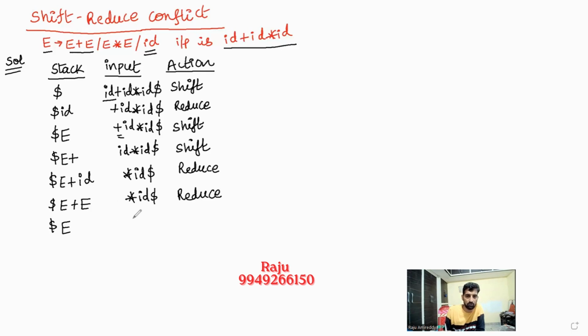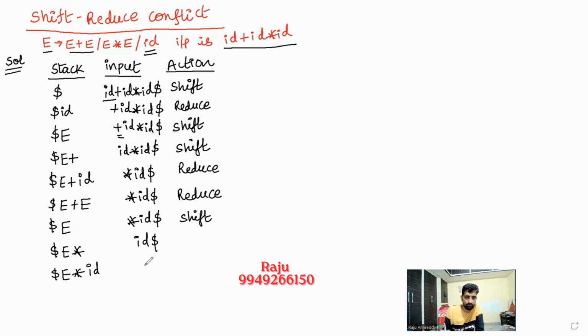Now similarly, star is there, ID is there, dollar is there. Then dollar E star ID dollar. This is called a shift move. Similarly, dollar E star, again you send the input symbol ID into the stack.